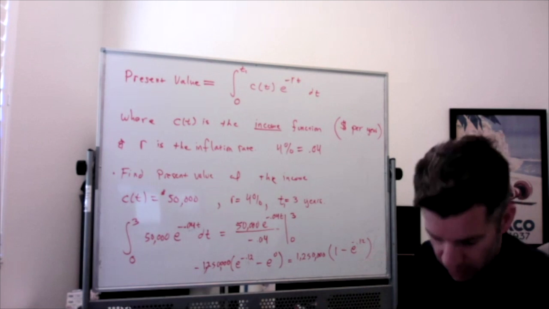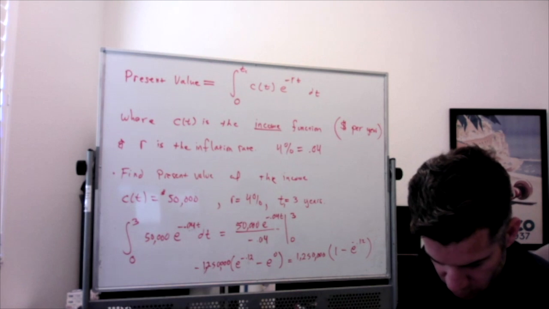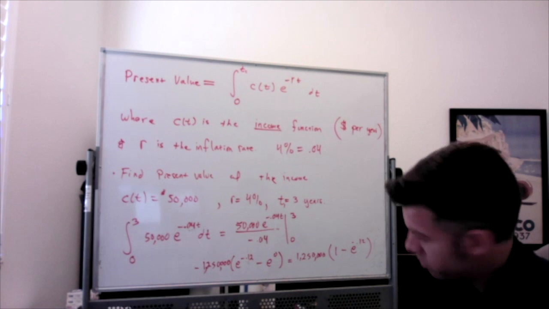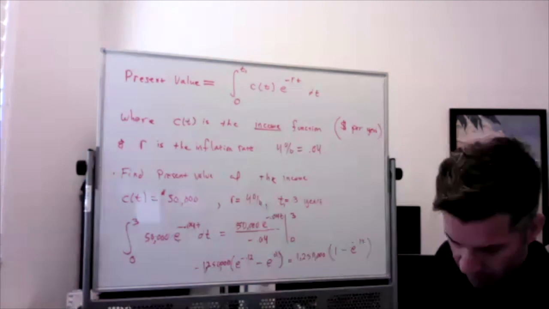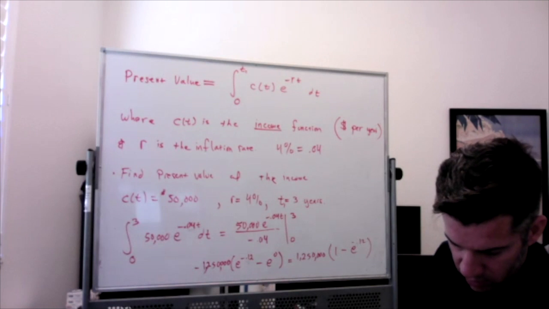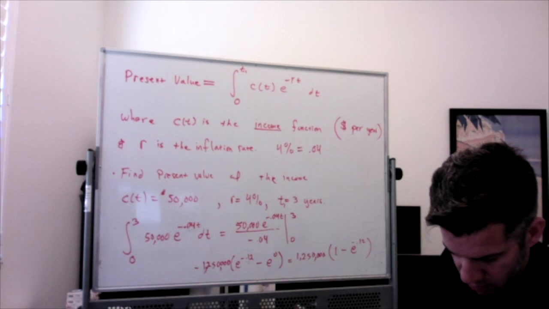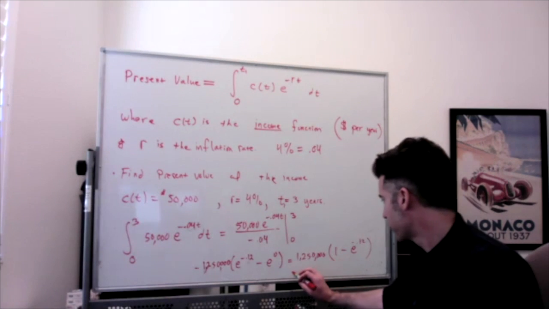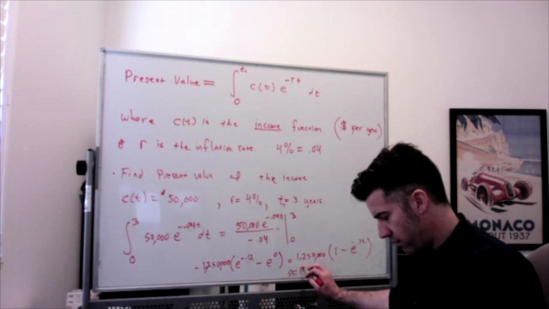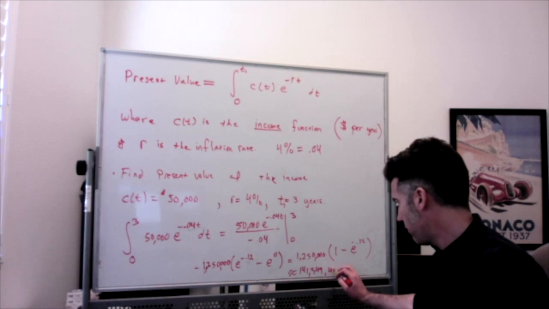Okay, so let's see. e to the negative 0.12 is 0.88 approximately. 1 minus that is about 0.11, and then times 1.25 million is giving us about $141,349.45.